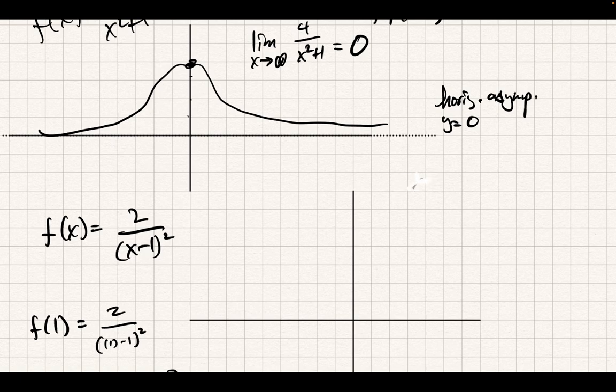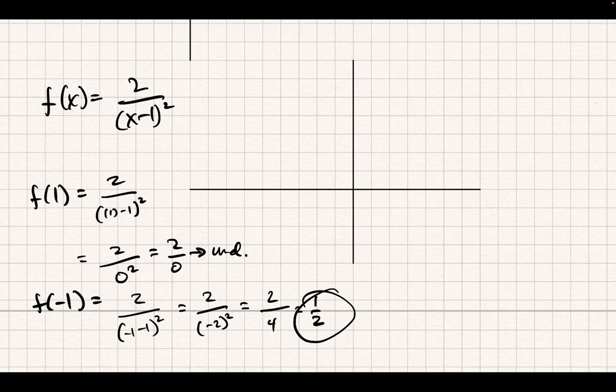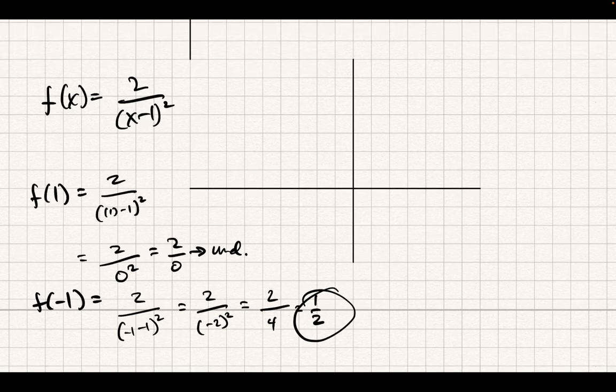Right. Okay, so now we figured out where the denominator is going to explode. Where are we expecting our vertical asymptote? x equals 1, and that's our vertical asymptote.